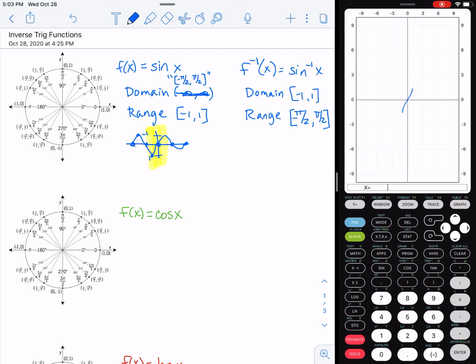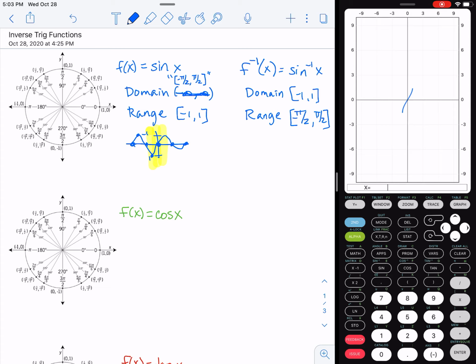So what you will notice is that the domain is going to go from -1 to 1, and the range is going to go from -π/2 to π/2. So in other words, the trig value is going to become the x value, and the angle measure is going to become your output, your y value.